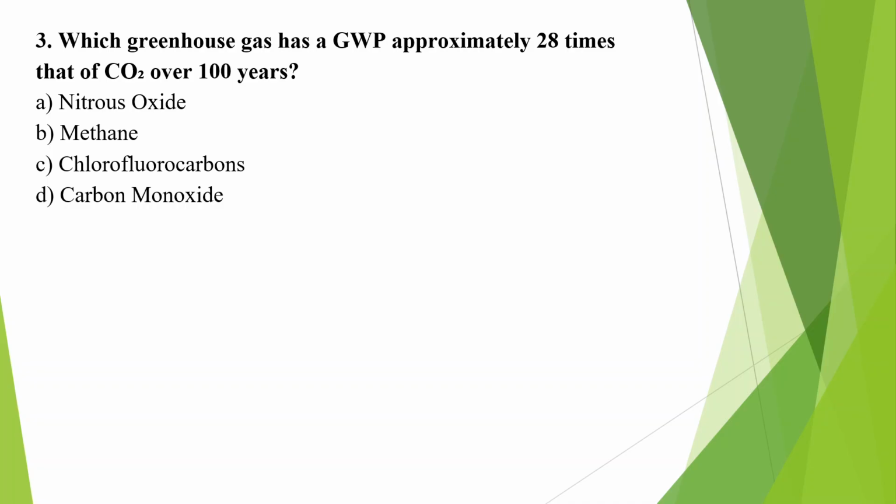Here is the third question. Which gas has the global warming potential, also referred to as GWP in short, approximately 28 times that of CO2 over a 100-year time span?